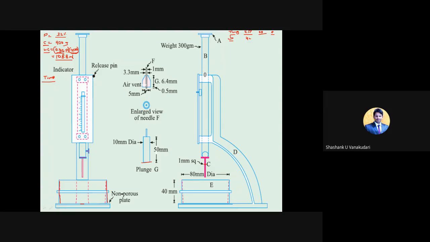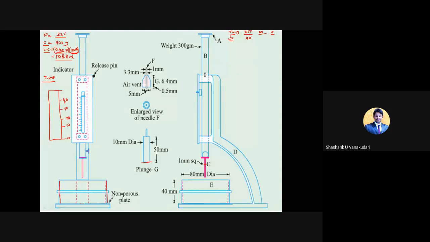I have drawn a diagram here, which will be in this way. Initially this is 50, this is 40, this is 30, this is 20, this is 10, and this is 0.